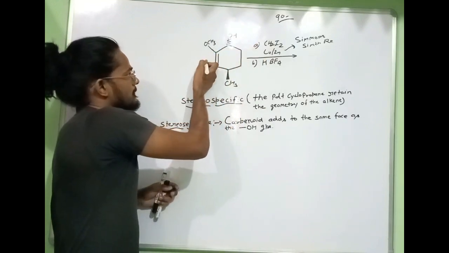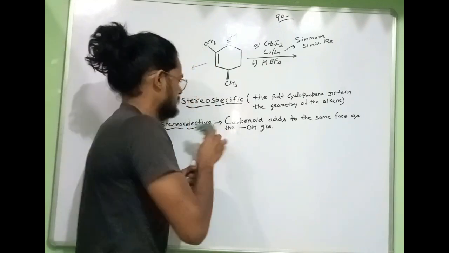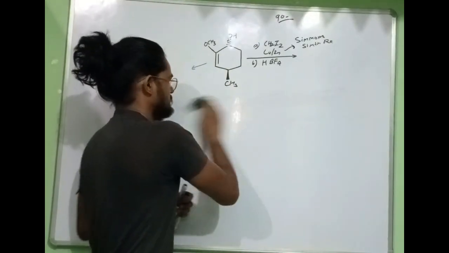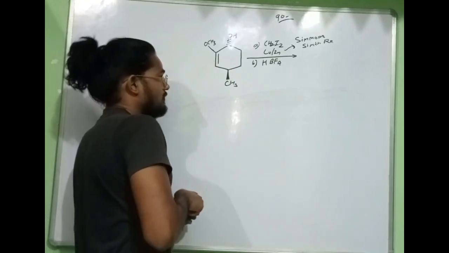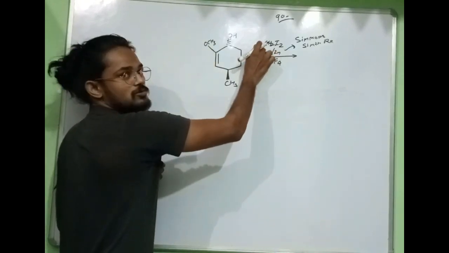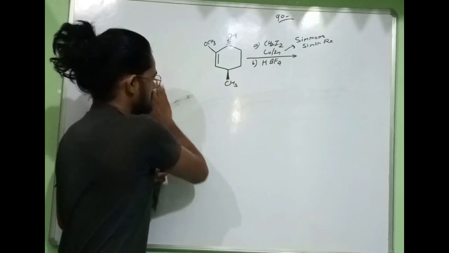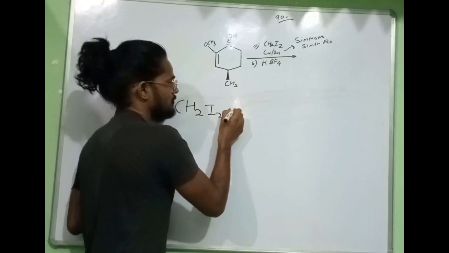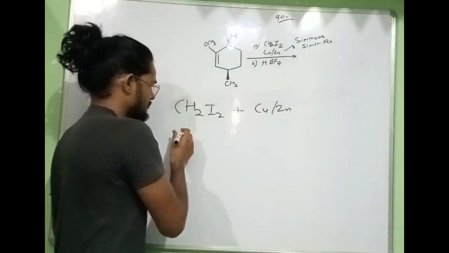What is the reaction between these two reagents? So this is your CH2I2 with zinc and copper.